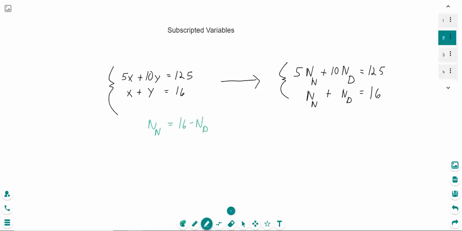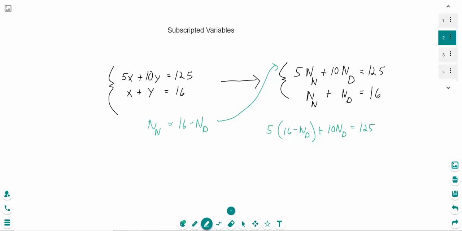And then I'm going to take that and plug it into my top equation, and I'm going to have 5 times 16 minus n sub d plus 10 n sub d equals 125. And then I could multiply this through, solve for n sub d, and then go back and solve for n sub n. Maybe just to save time, I won't do all the work for that. That's all review. There's nothing new there.